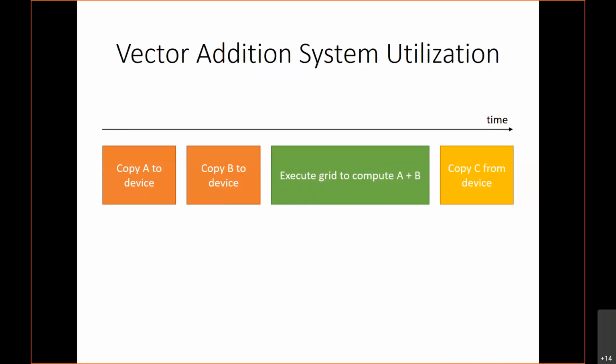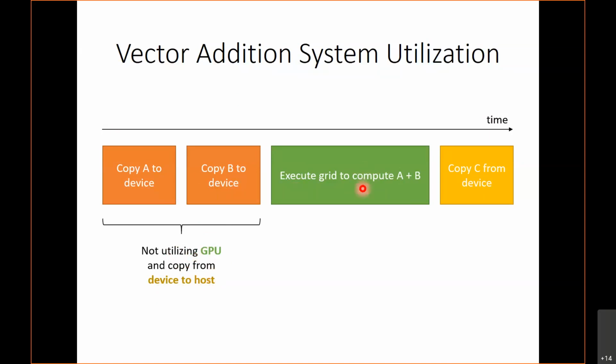Well, if you take a look, when I'm copying A and B to the device, I'm actually not using the part of my system that runs on the GPUs. I'm not using the GPU itself, and I'm not using the resource that allows me to copy from the device to the host. So during this time, my GPU is idle, and the resource I use to copy back from the GPU to the host is idle.